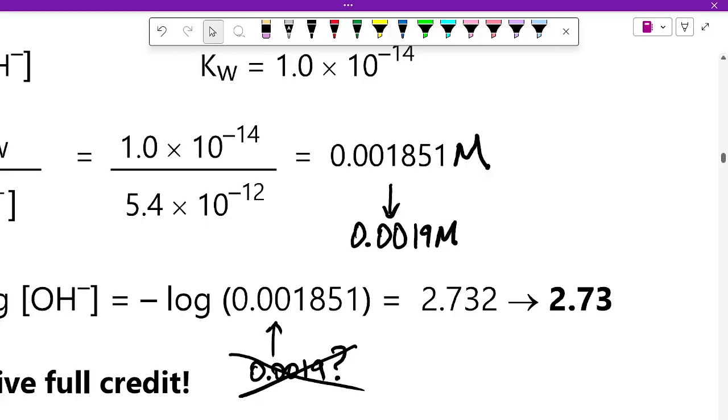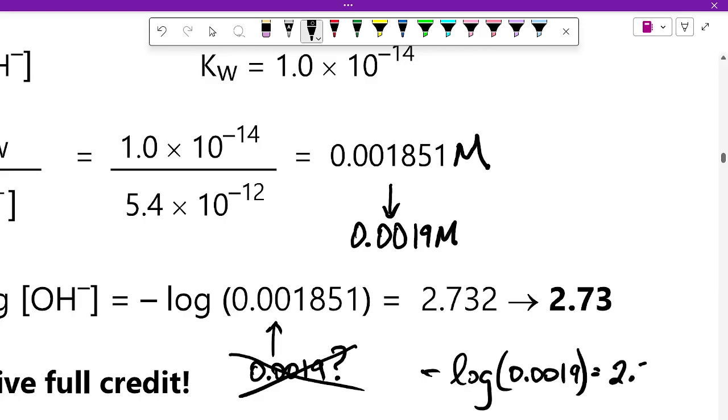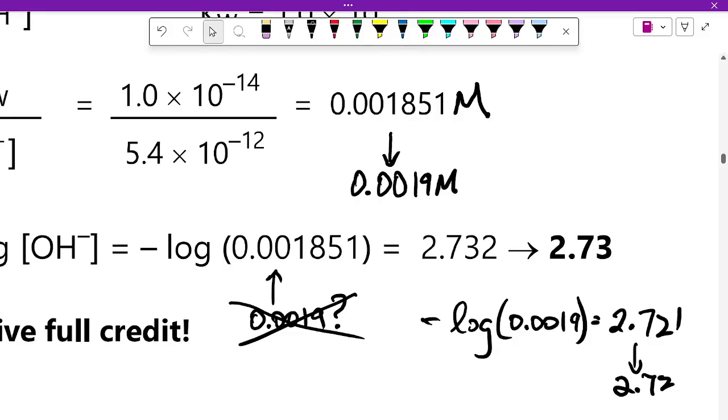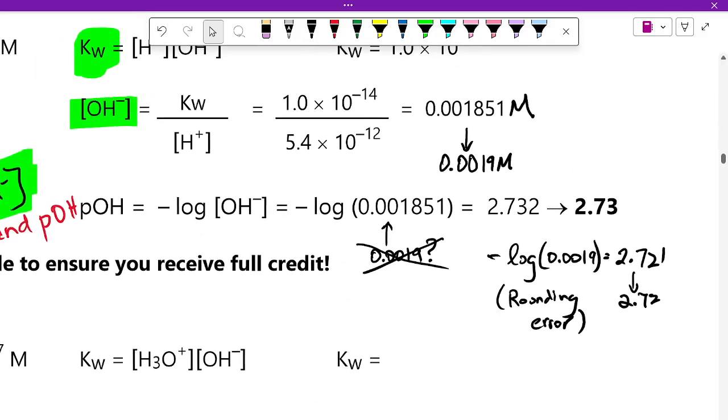The negative log of 0.0019 is 2.721, which would round to 2.72, and that is a rounding error. So don't round off until the very, very end.